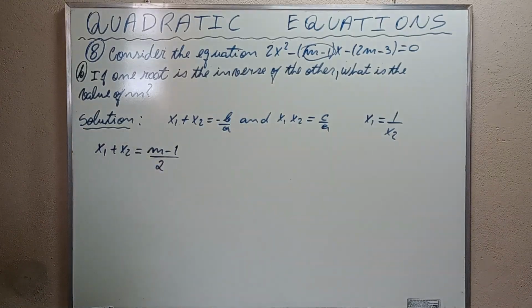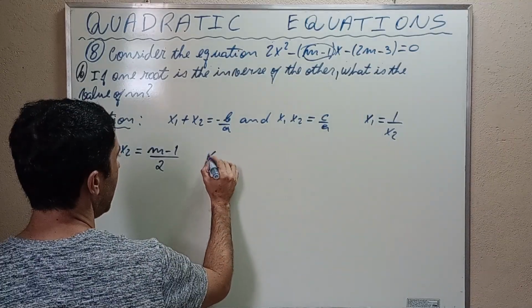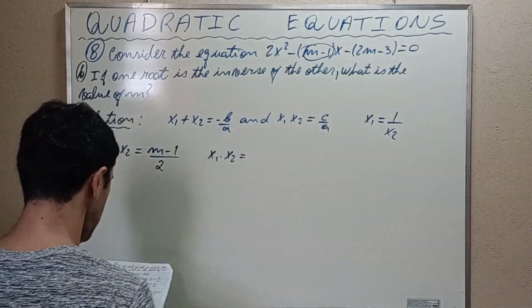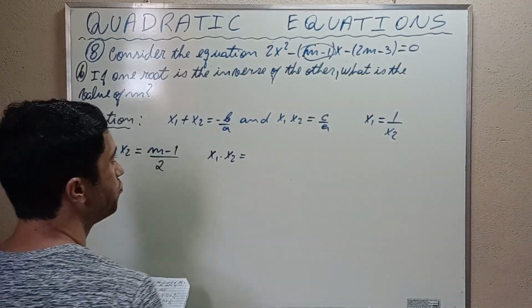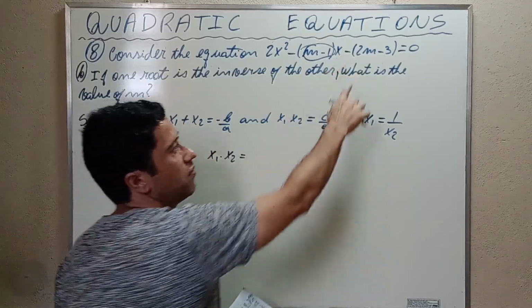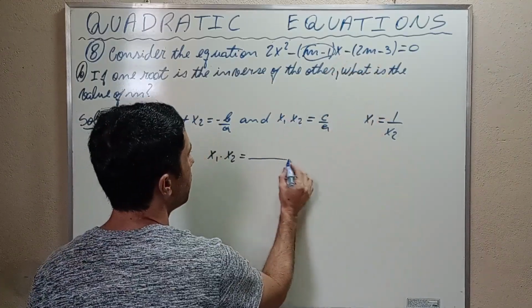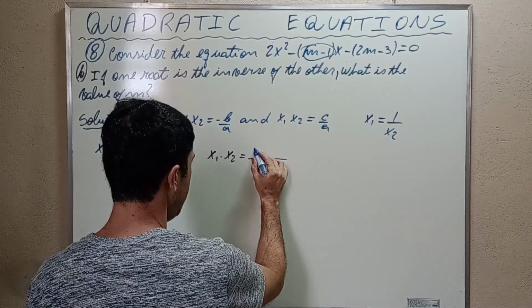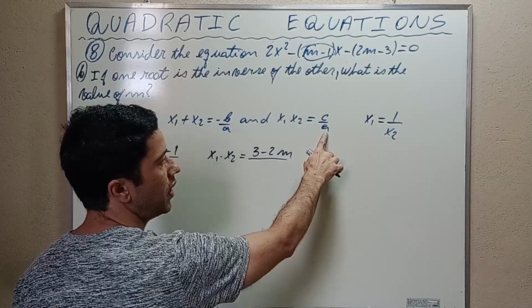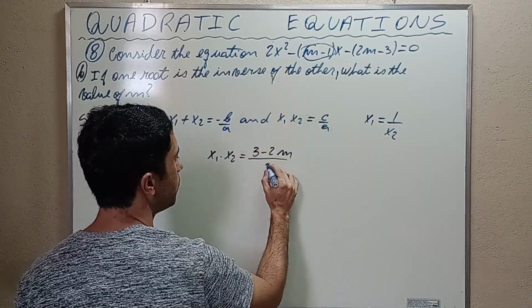And x1 times x2 is equal to c over a. I inverted the sign here because of this negative sign, I inverted the sign here, 3 minus 2m, and I divide by a, which is 2.